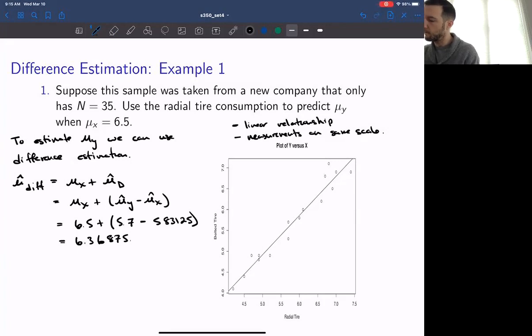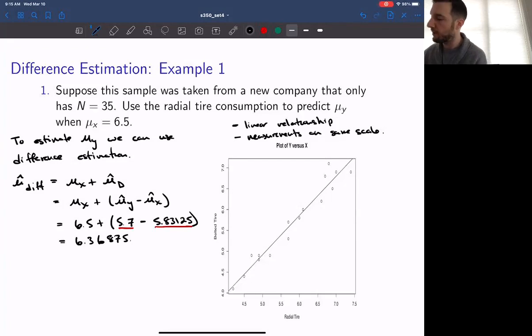Okay, so we have two values here, the 5.7 and the 5.83125. So these are respectively the means of the belted tire fuel consumption from the sample and the mean of the radial tire fuel consumption from the belted sample.